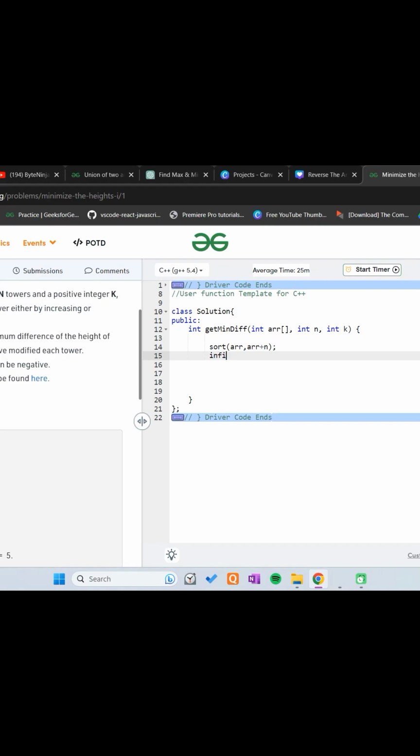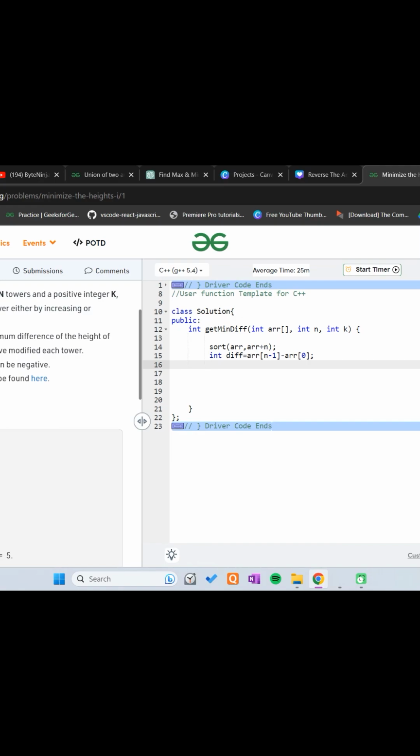So we can say its difference is the outermost element minus the starting element of the array. We have to minimize this difference.